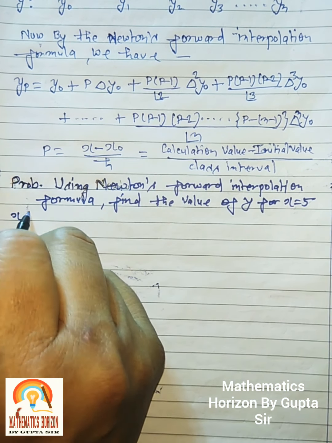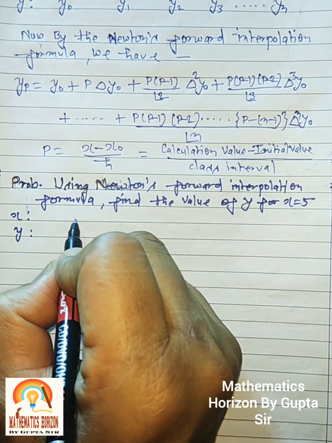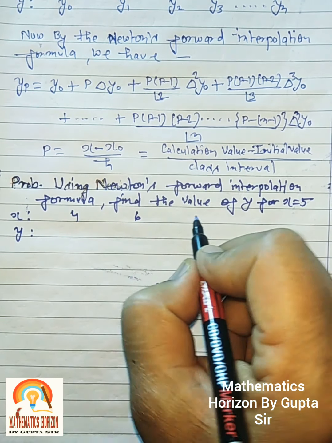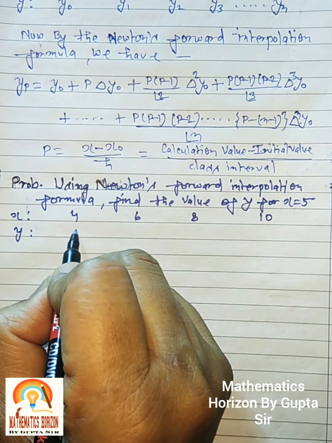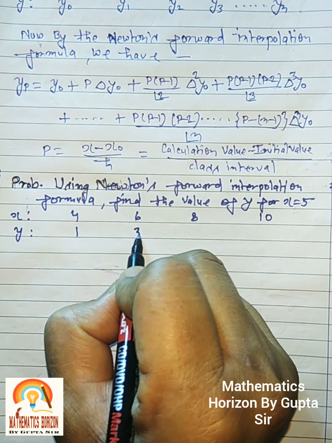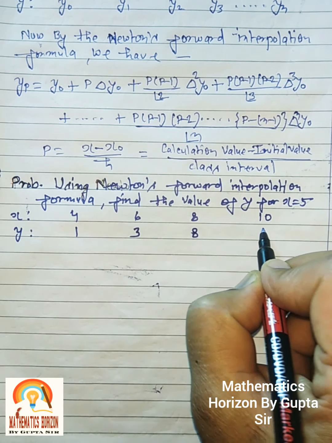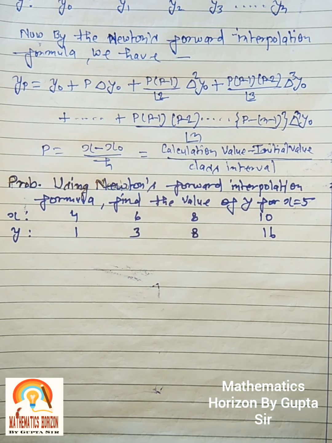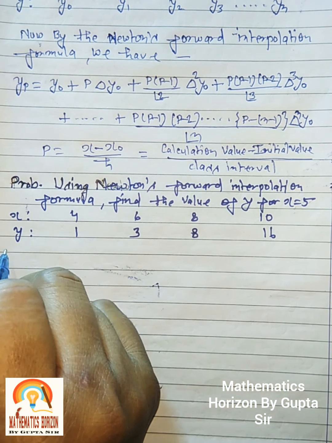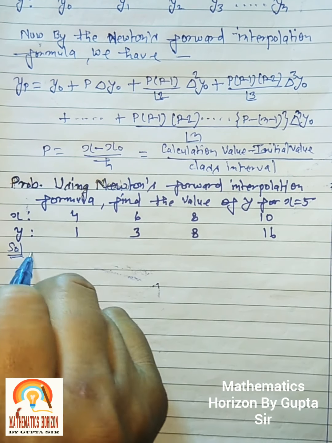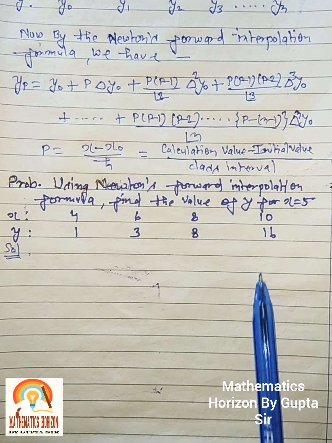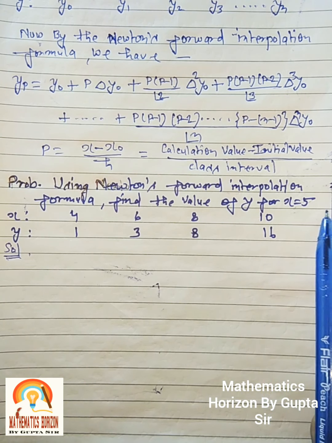Here the given values of x are 4, 6, 8, 10. Corresponding values of y are 1, 3, 8 and 16. Here we have to apply Newton's forward interpolation formula.